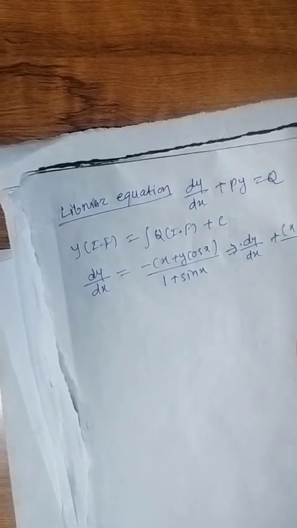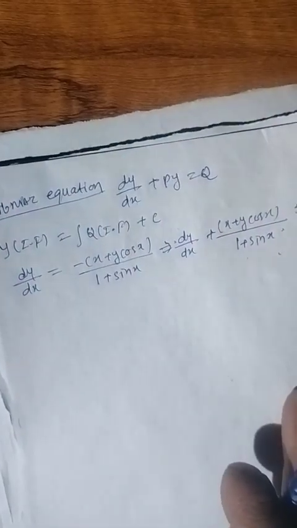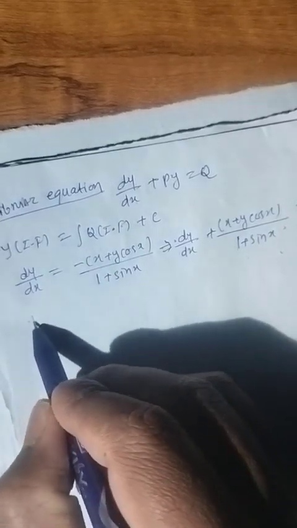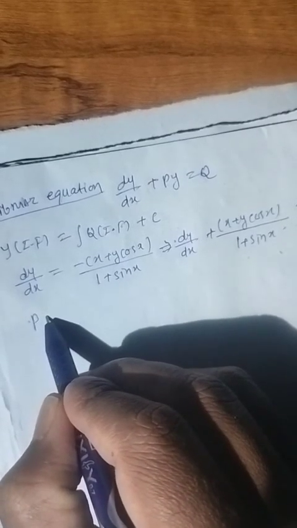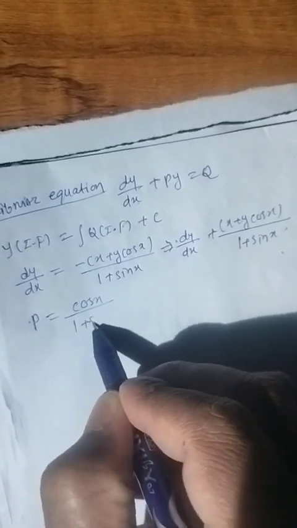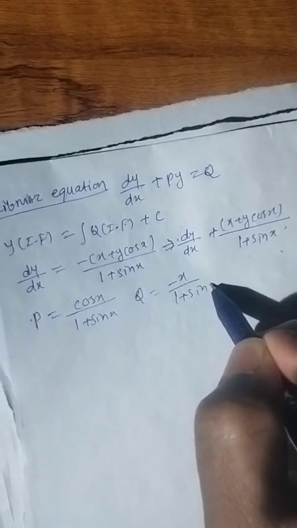So this equation becomes dy by dx plus y cos x divided by 1 plus sin x equal to minus x upon 1 plus sin x. So P is equal to cos x upon 1 plus sin x and Q is equal to minus x upon 1 plus sin x.